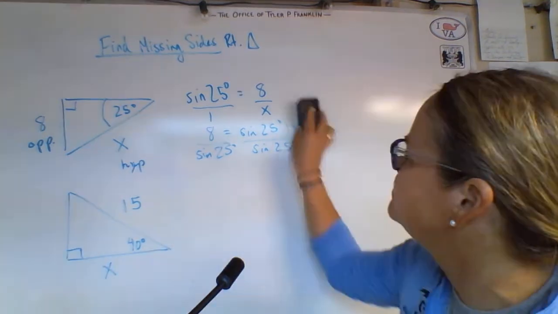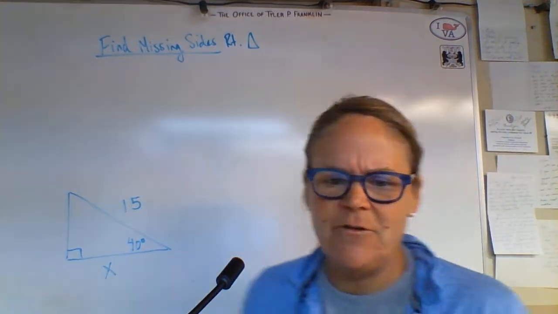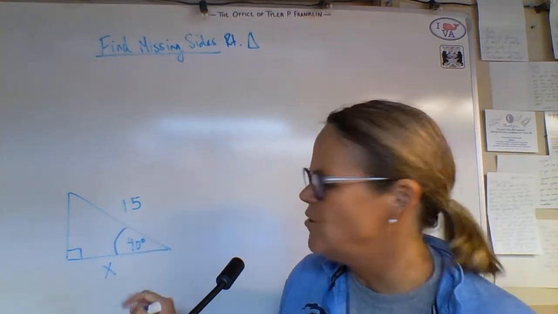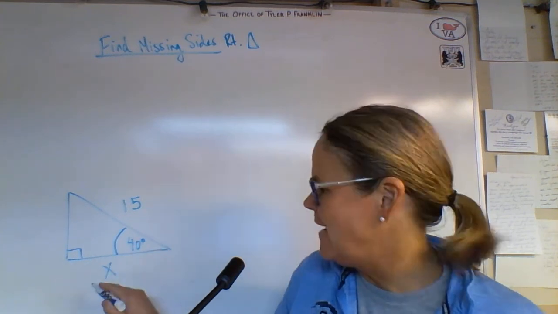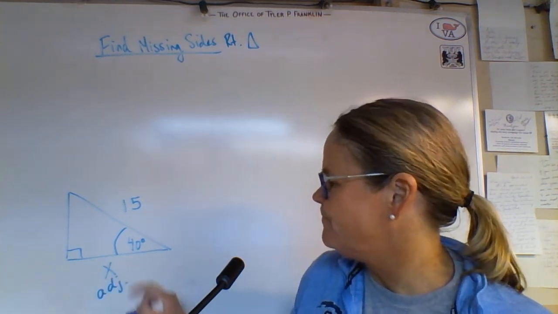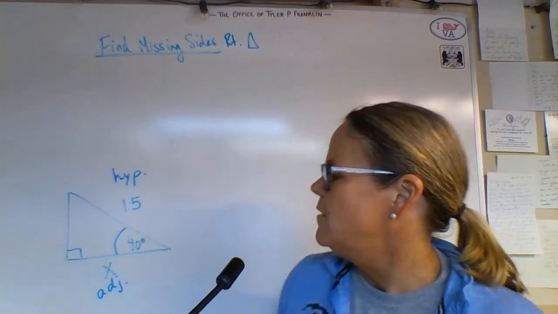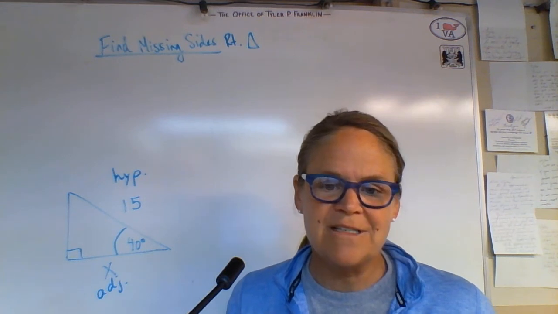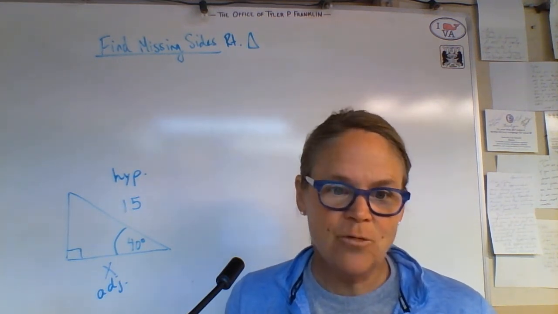So, second one. If I gave you this triangle, I look at that angle. This side compared to that angle is adjacent. That side is hypotenuse. What trig function uses adjacent over hypotenuse? Cosine.